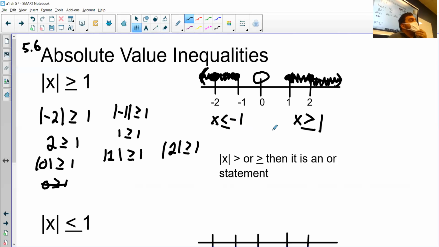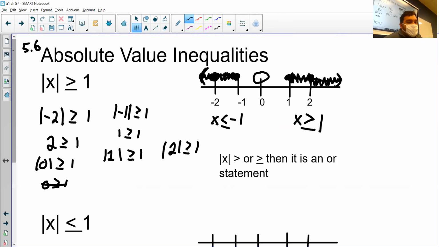You guys have a question? Why is it on -2? I was just testing it out to help us visualize what's happening. But the rule is basically it's an or statement.